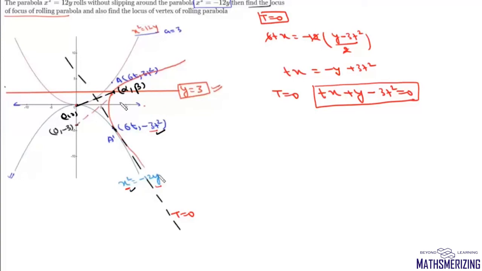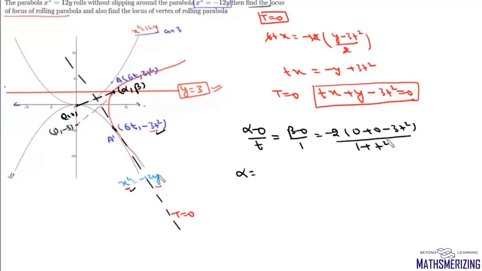We reflect the origin about this line, so we can write (alpha minus 0) upon t equals (beta minus 0) upon 1, equals minus 2 times the value at x and y as 0, that is 0 plus 0 minus 3t square, upon 1 plus t square. So we can write alpha as 6t cube upon 1 plus t square, and beta as 6t square upon 1 plus t square.